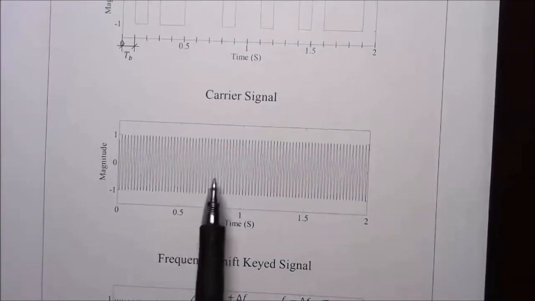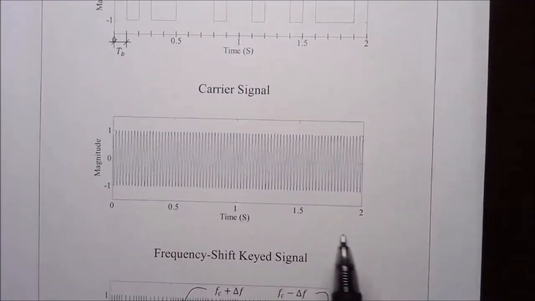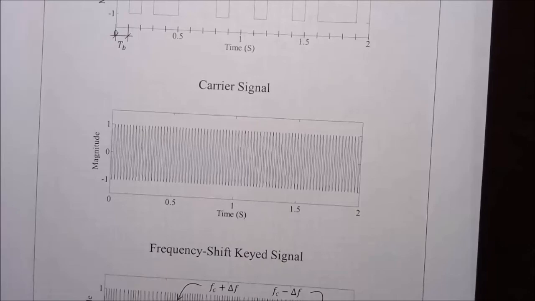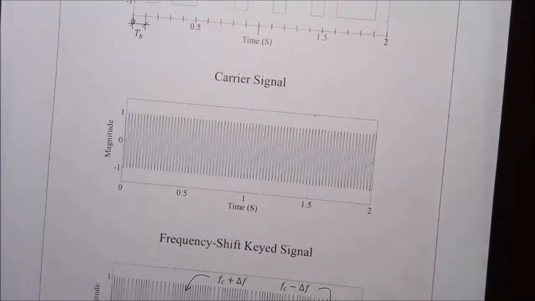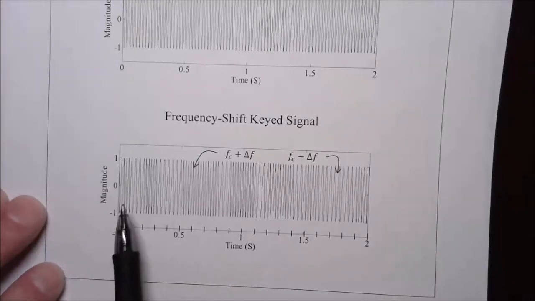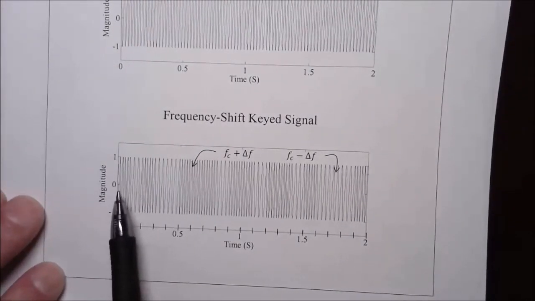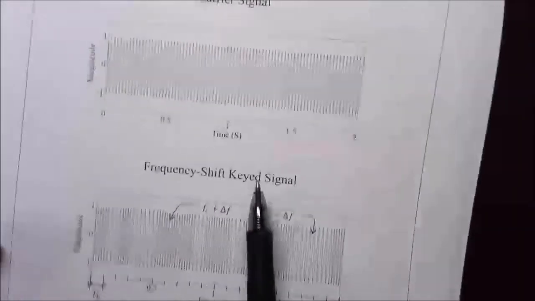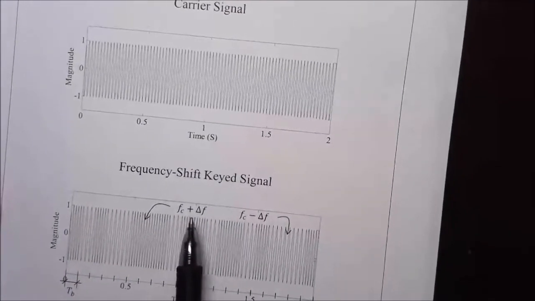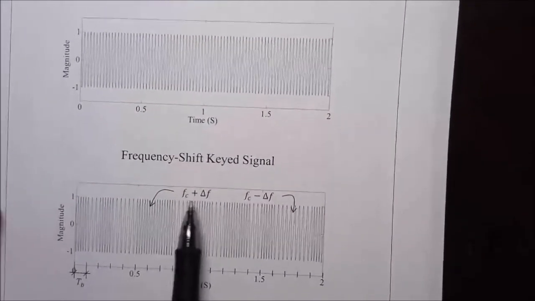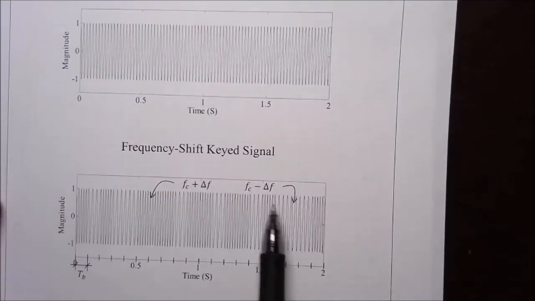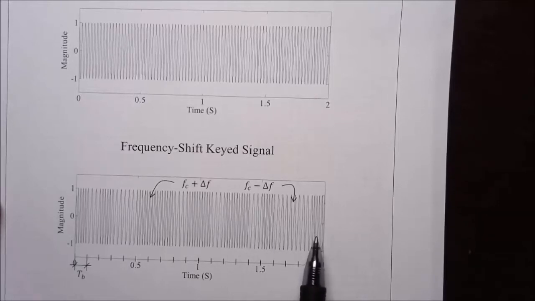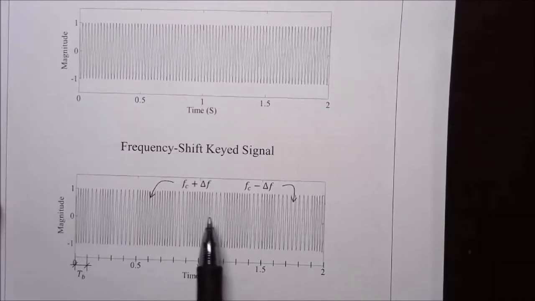The carrier signal has a nominal frequency of the carrier frequency, and then the output from the voltage controlled oscillator, depending upon whether the message signal is a +1 or -1, will either have a frequency of FC plus delta F or FC minus delta F. So this is clearly a frequency modulated signal.